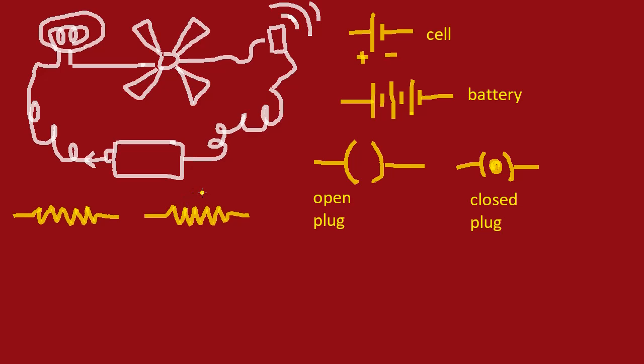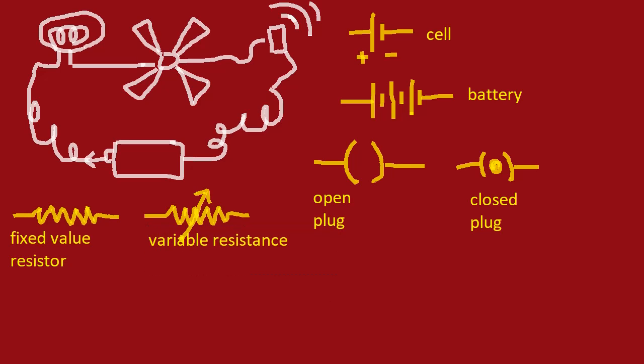A variable resistance is a device whose resistance can be changed at will. So we have these two kinds of resistors: this is a fixed value resistor, and the other one is a variable resistance.